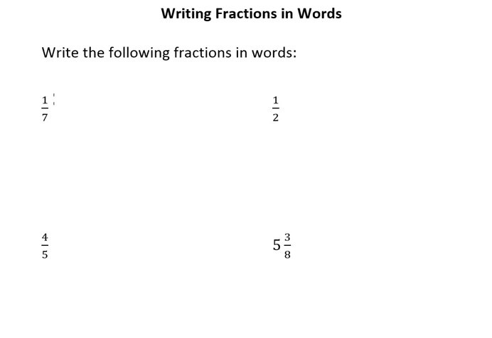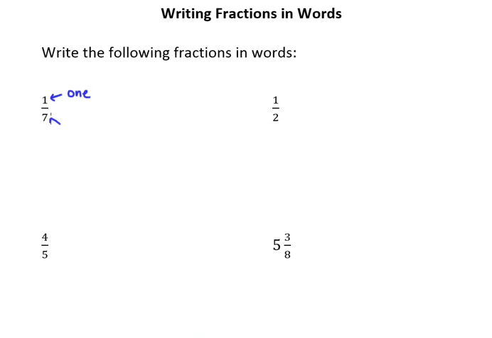So in general, the way you're going to put these into words is you're just going to write down the top number exactly as you see it. So nothing special here. You would just write out the word one.